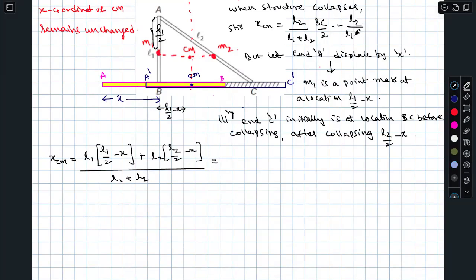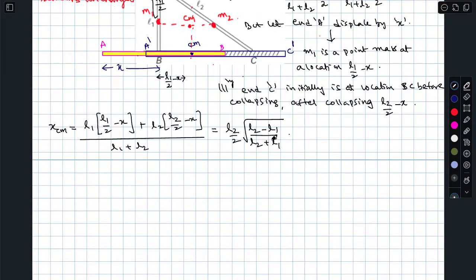L2 by L1 plus L2 times half BC, which is under root L2 square minus L1 square. So this can be written as L2/2 times under root. If we take this inside, it becomes L1 plus L2 whole square. So then you can write it as L2 minus L1 by L2 plus L1. Solve this, and you will get some value in terms of x.